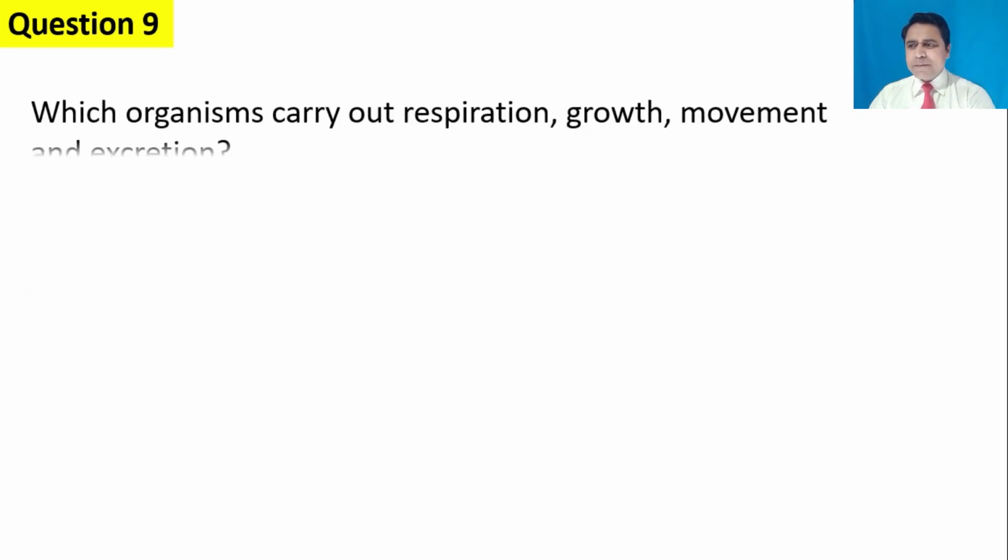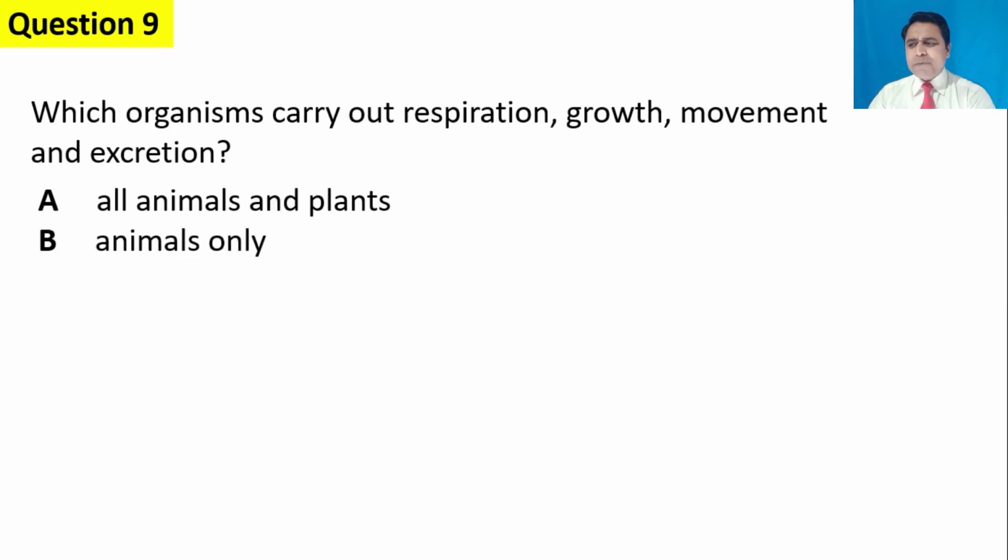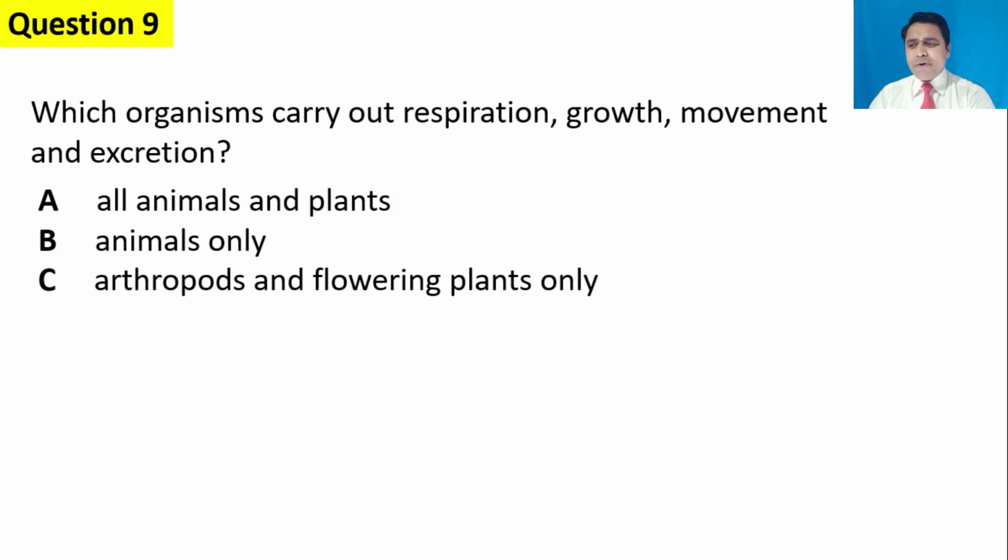Question 9. Which organisms carry out respiration, growth, movement, and excretion? Option A, all animals and plants. Option B, animals only. Option C, arthropods and flowering plants only. Option D, plants only.